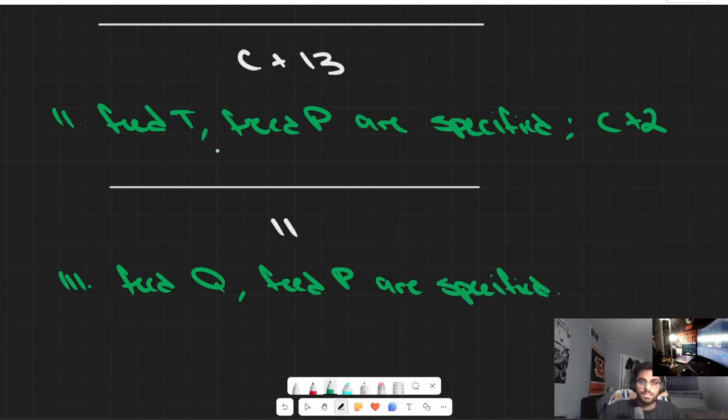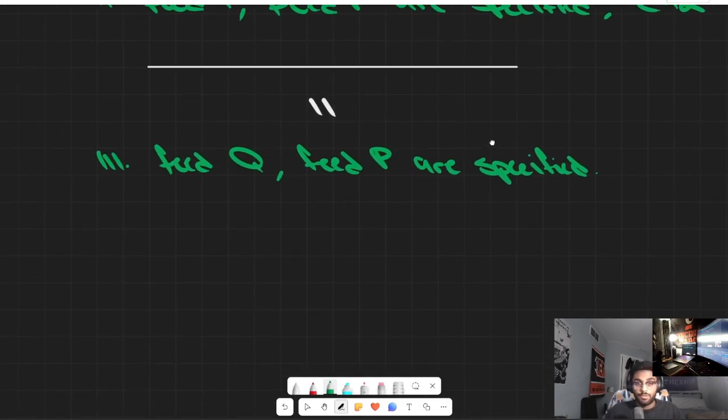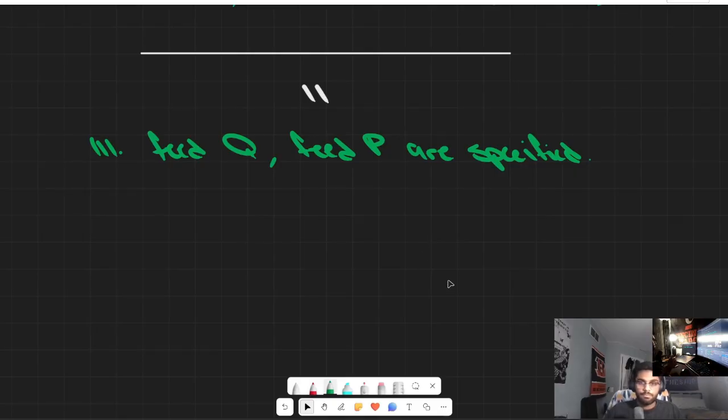So this is the feed pressure and the temperature for the stream, and this is the feed heat flow and the pressure of the feed stage itself. After having done that, you are left with 11 minus 2, 9.